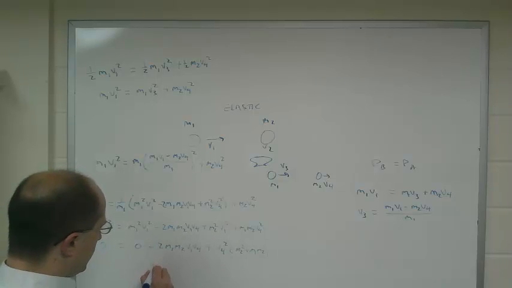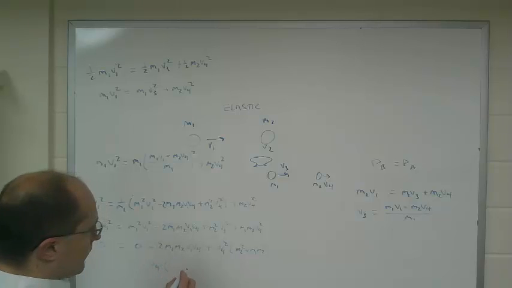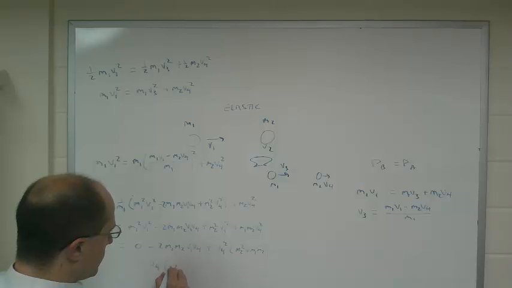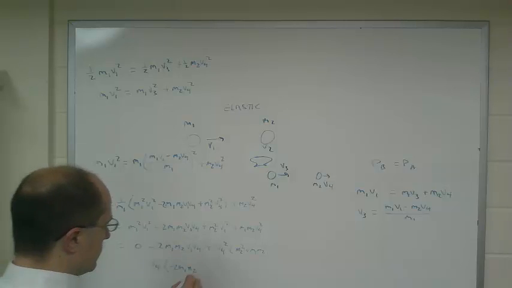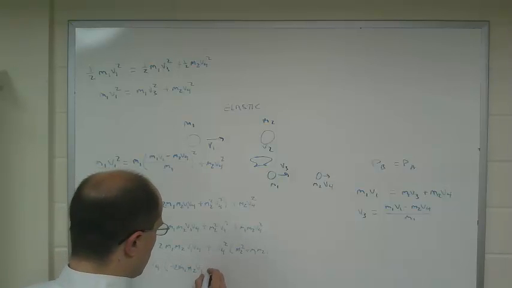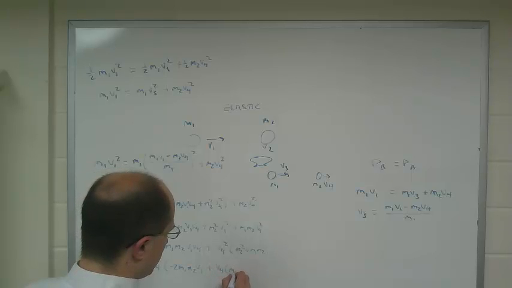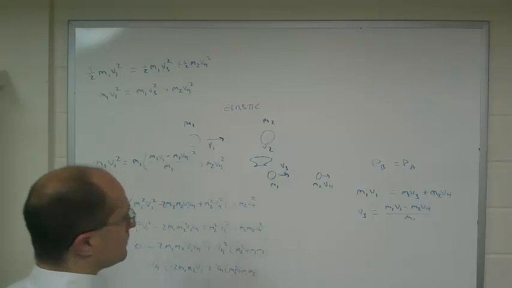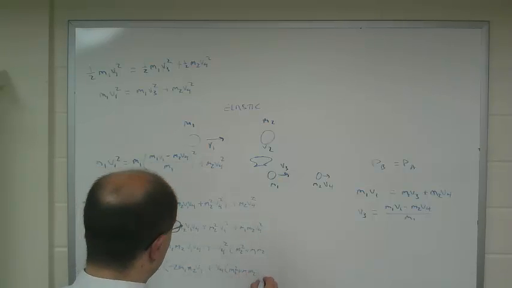So we have V4 in front, and then you have negative 2 M1 M2 V1 plus V4 times this thing, M2 squared plus M1 M2. And it looks like we could have even factored out an M2.